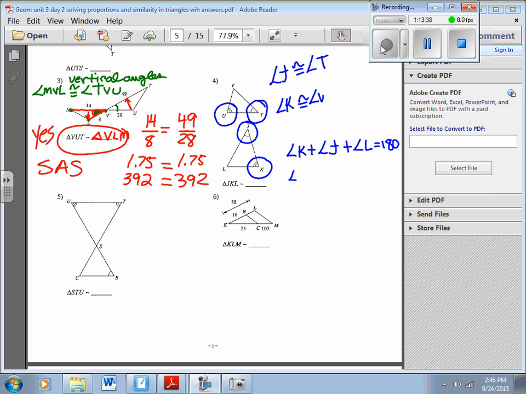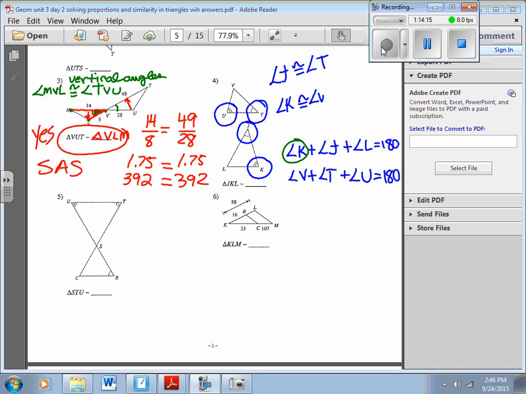The other triangle, angle V plus angle T plus angle U. No, I'm using the wrong letter. Everything's right. Plus angle U should also add up to equal 180.